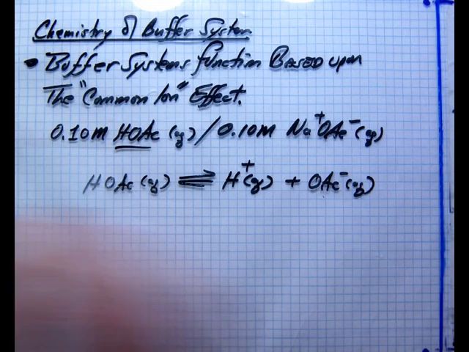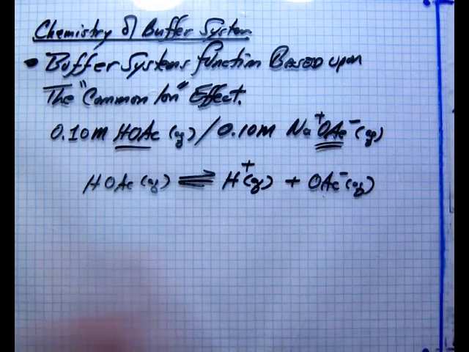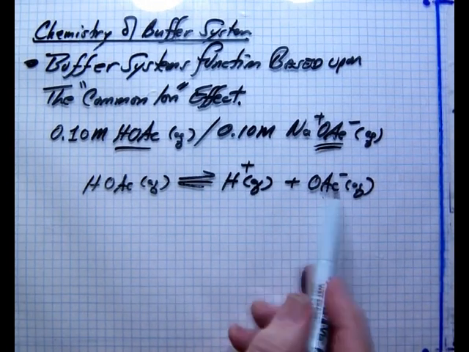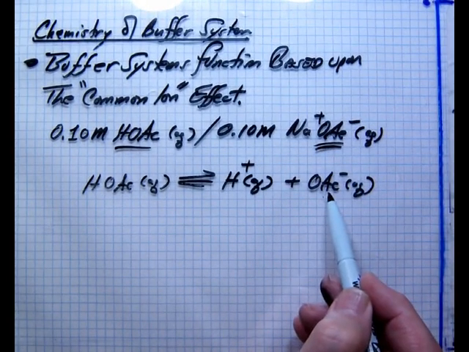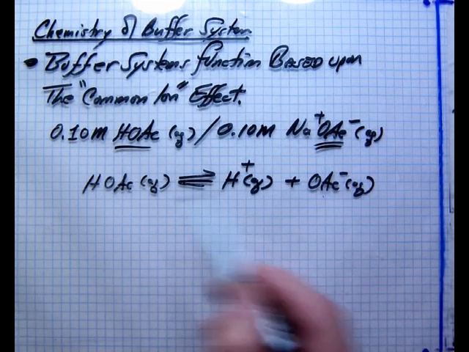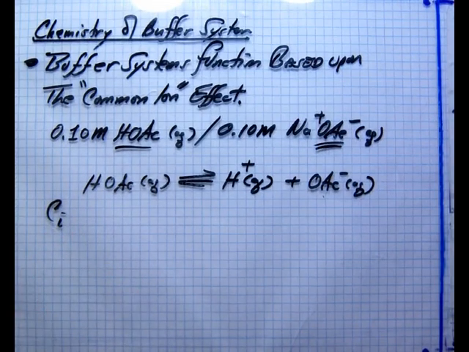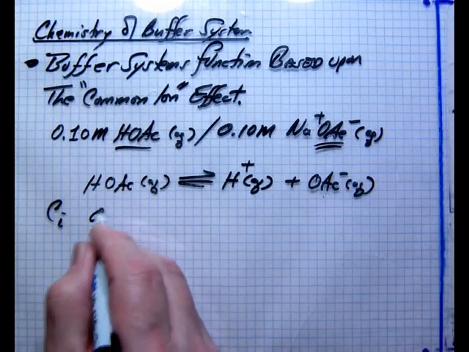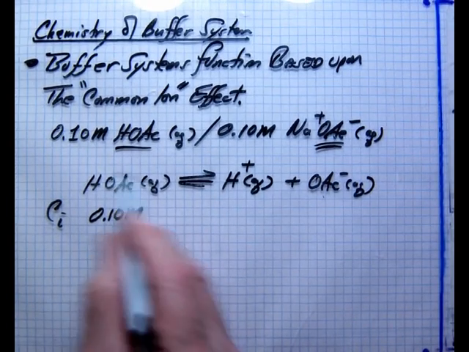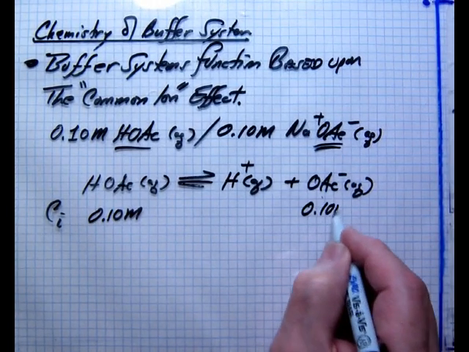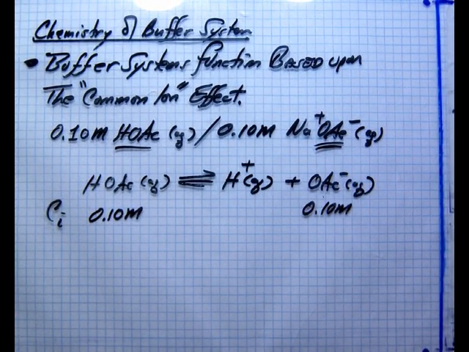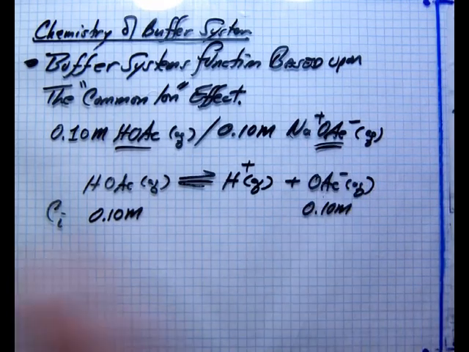However, in a buffer system, you are adding a common ion. So these are the ions that are delivered from the acid, and you put some extra ion, the acetate ion, into the system. You are adding a common ion. So initially, we're starting with 0.10 molar acetic acid, and we are mixing it with a 0.10 molar sodium acetate, or NaOAc. The sodium is just a spectator ion.